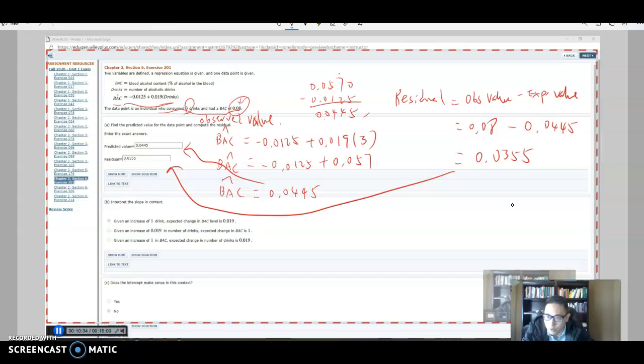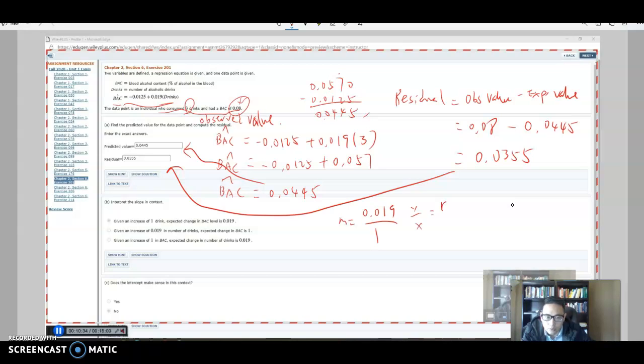And then for the slope, we talked about it in the previous problem. The slope is rise over run, 0.019 over 1. So it's always going to be y over x, right?